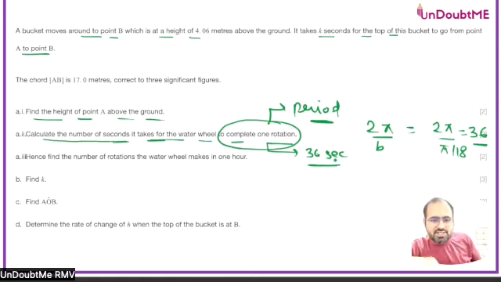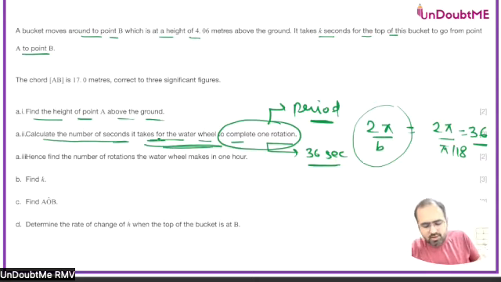Take this question as an example that we are just applying simple rules of trigonometric transformation that we have learned, but very indirectly. They are not directly asking us to find the period, but you should know that one complete rotation means one time period. So part 2 will be done like this.